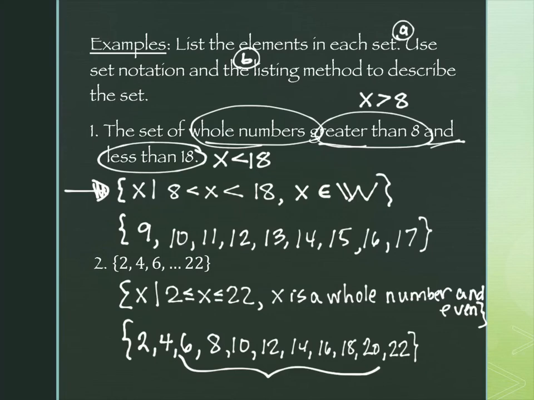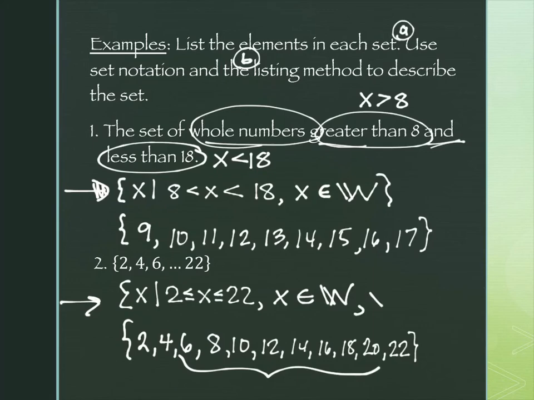Yeah. We can do the same thing on number 2. Number 2 had some of those symbols going on. Right in this spot where it says x is a whole number, I can take that out and write that same symbol in: x is an element of the whole numbers. And then I'll just delete this and write x is even.